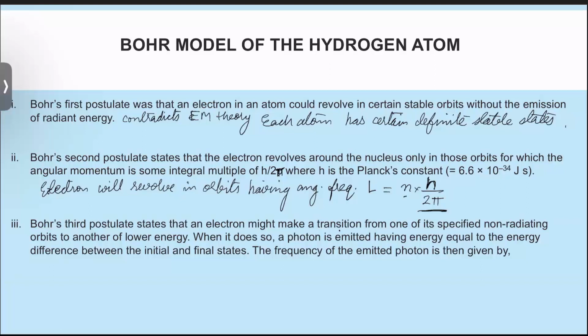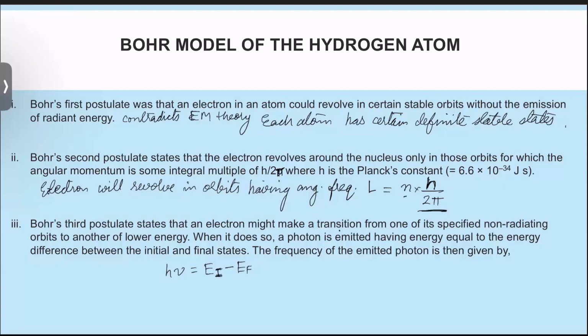So this means that the electron can move between the orbits with respect to the differences in their energies. When it does so, a photon is emitted having energy equal to the energy difference between the initial and the final states. The frequency of such a photon would then be given by h nu is equal to Ei minus Ef, the energy of the initial state and the energy of the final state.